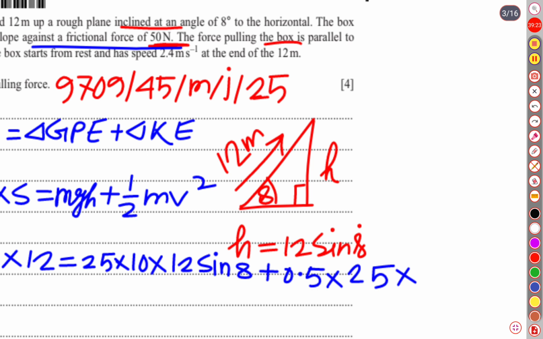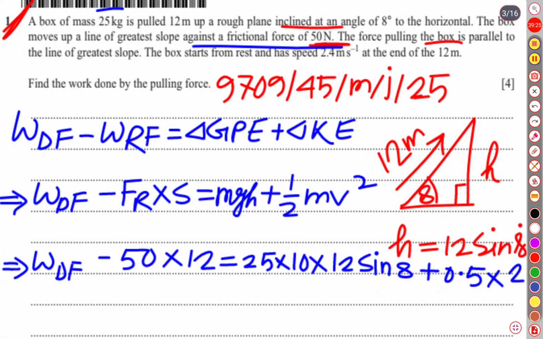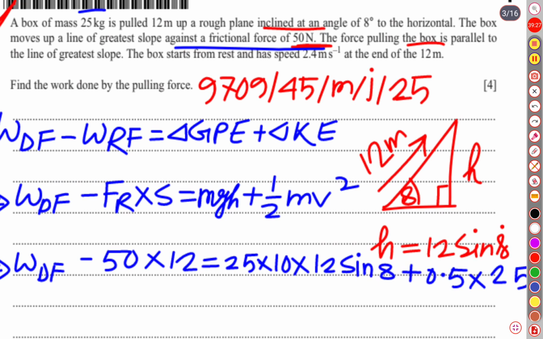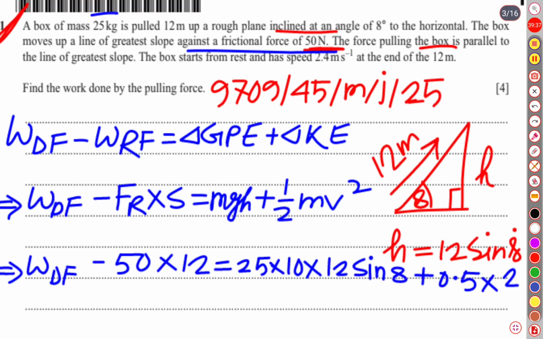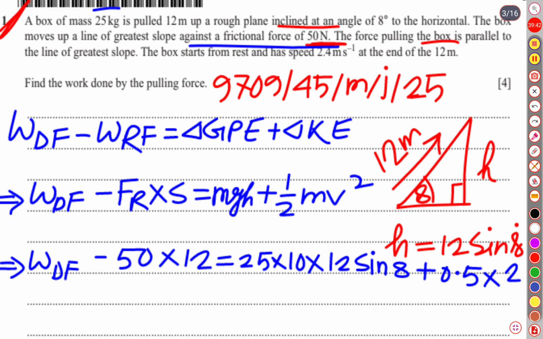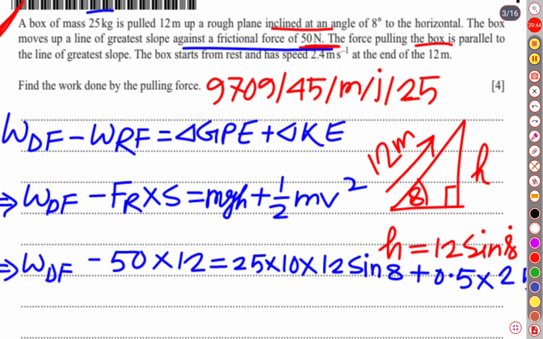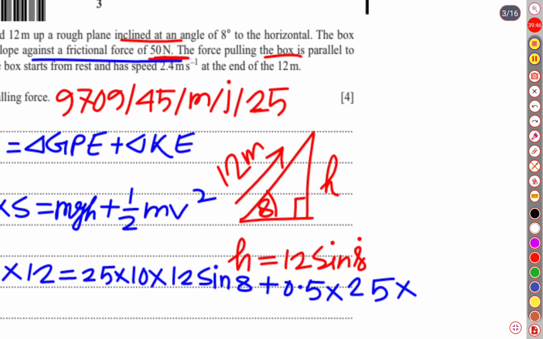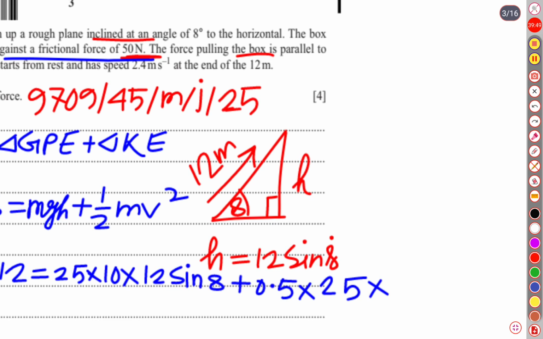The particle started with initial speed 0 and the final speed was 2.4, so it is 2.4 squared. V squared means the difference between the initial and final velocity. It started from rest and the final velocity was 2.4, so we will write 2.4 squared minus 0 squared, which is unnecessary to write.